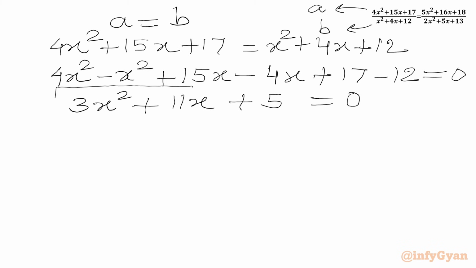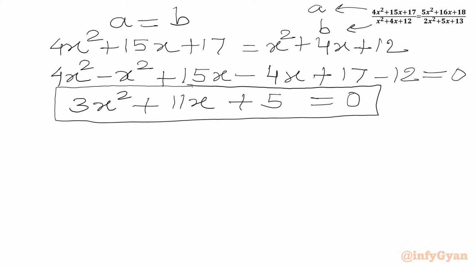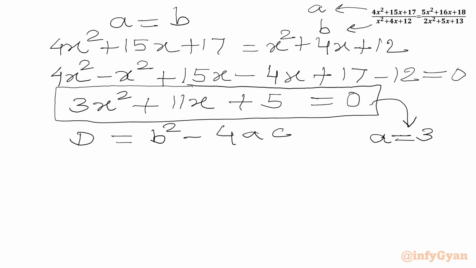So we have one quadratic equation. Now we have to make sure whether we are getting real solutions from this quadratic equation or not. So we need to check our discriminant once again. D = b² − 4ac. As per our quadratic equation, a is the coefficient of x², we'll write here 3. b is the coefficient of x, we need to write 11.